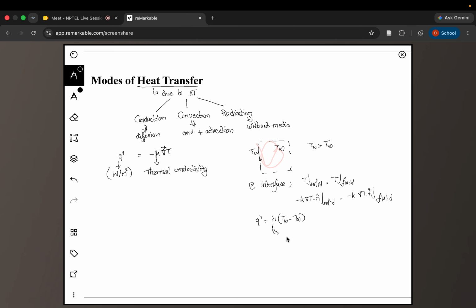It is going to depend on fluid properties. It also depends on flow properties. It would also depend on geometry, or basically I can call it the configuration of the particular problem.